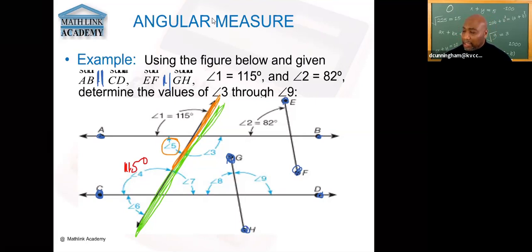So I can just put a little note down here, 180 minus 115, and figure out what angle 5 is. Once I do the math correctly, angle 5 will be 65 degrees, because it makes a straight line.